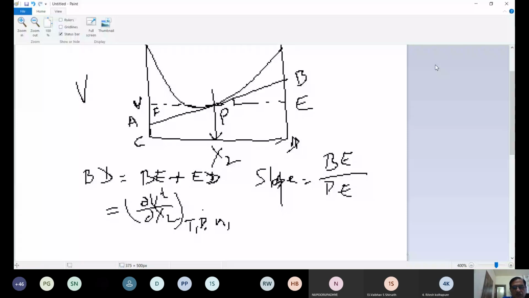This is 1 and this is 0. So 1 minus X2 plus ED. ED is this short value, nothing but V.